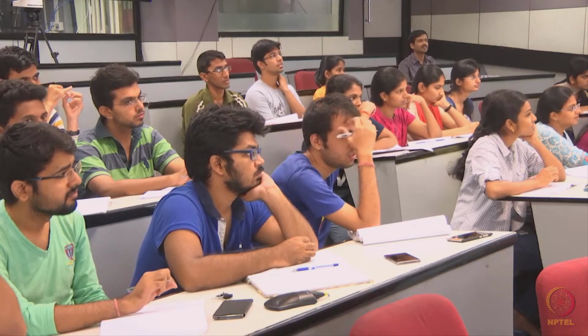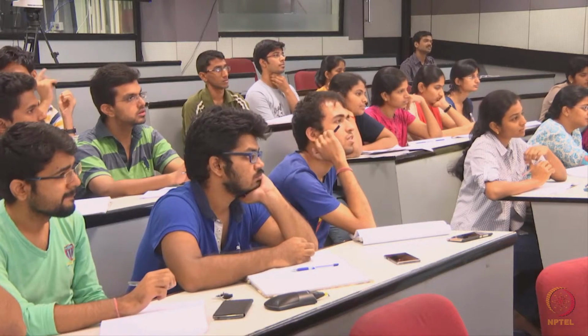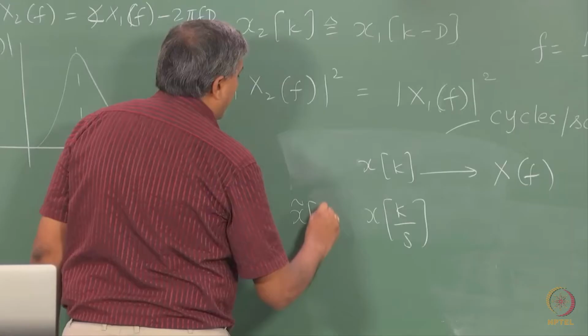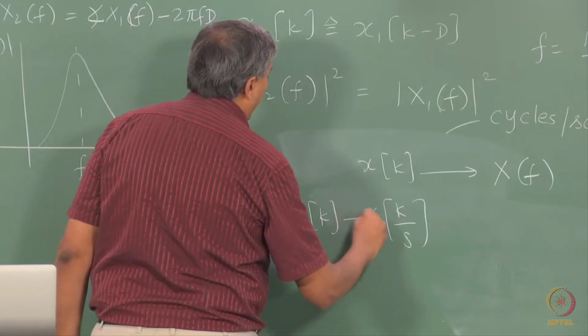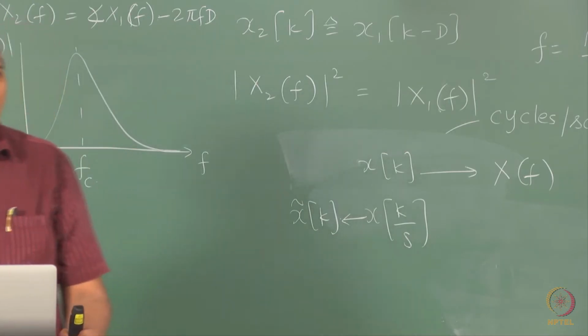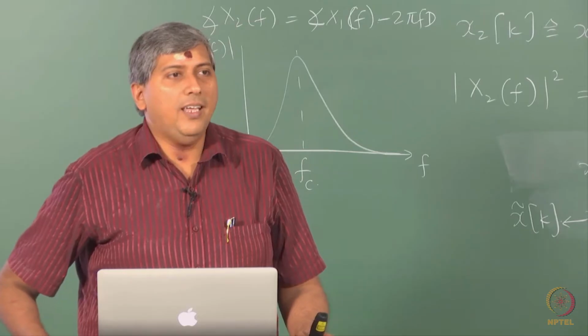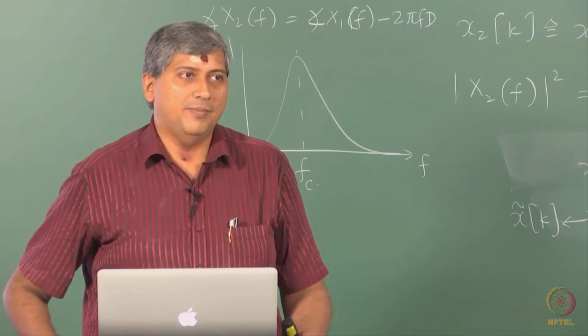Sure? How do you figure that out? Think of this as, assign this to some x tilde of k, okay. Call this new signal x tilde of k. Will x tilde look like a bloated version of xk or a compressed version of xk?